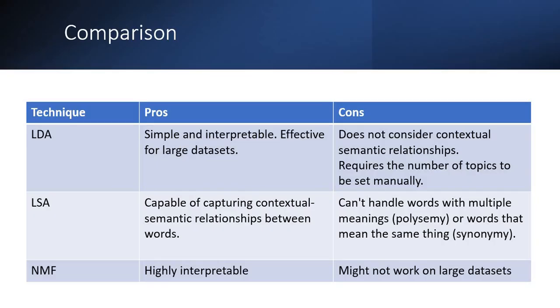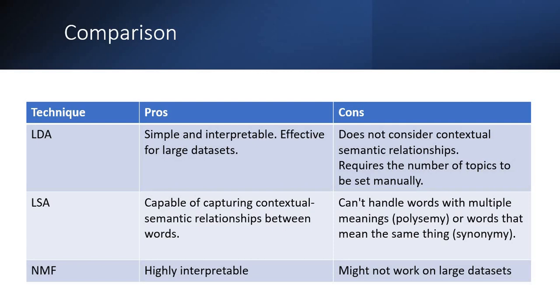So LDA, it is simple and interpretable. LDA results are highly interpretable and it works very well on large data sets. But its cons include it does not consider contextual semantic relationships.